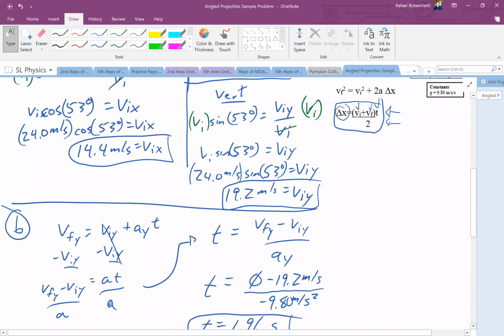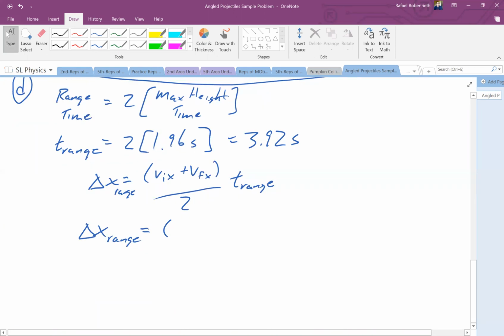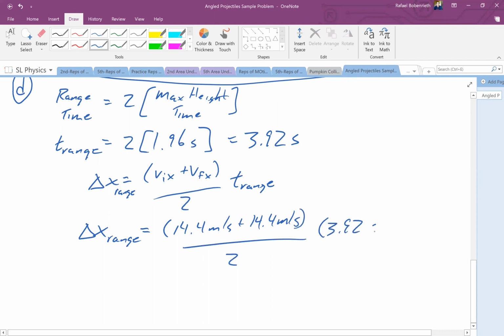A lot of times I'll see students put in something like 19.2. You have to come back to this number. So that's 14.4 meters per second plus 14.4 meters per second, divided by 2, times 3.92 seconds.